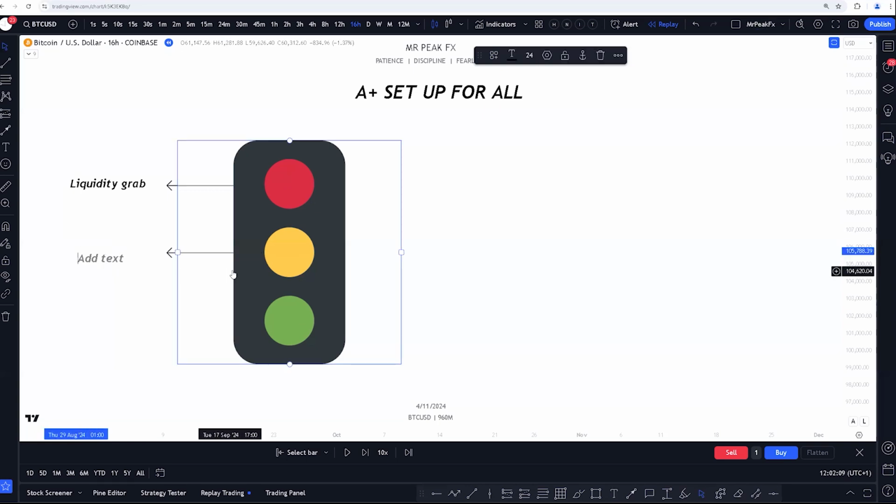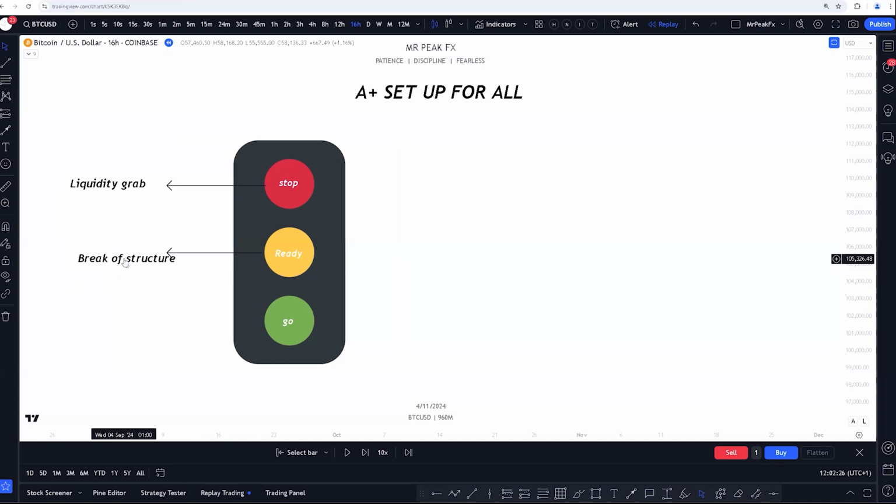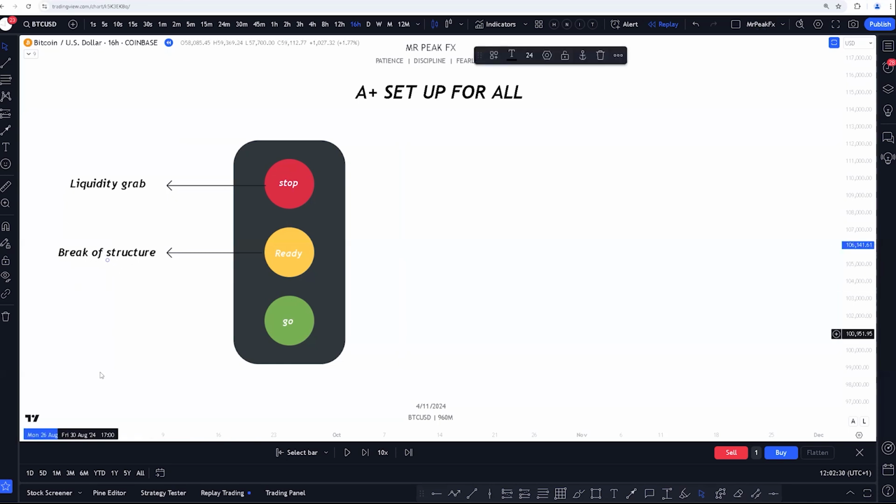We have the break of structure. So break of structure is telling you to get ready to take a trade. Break of structure doesn't mean you should jump into a trade. So break of structure is the ready.